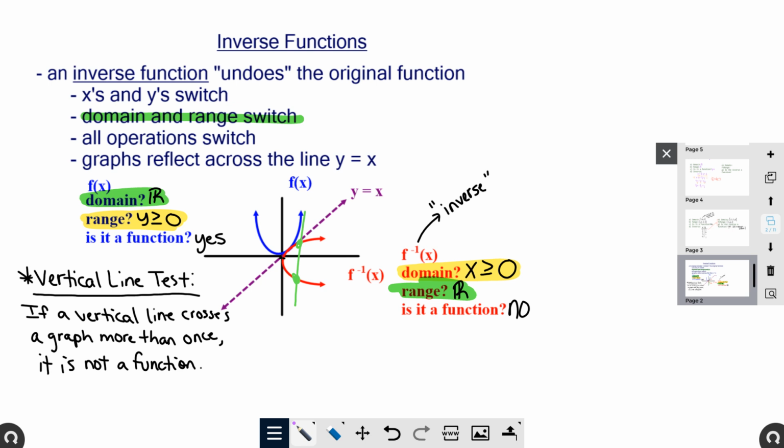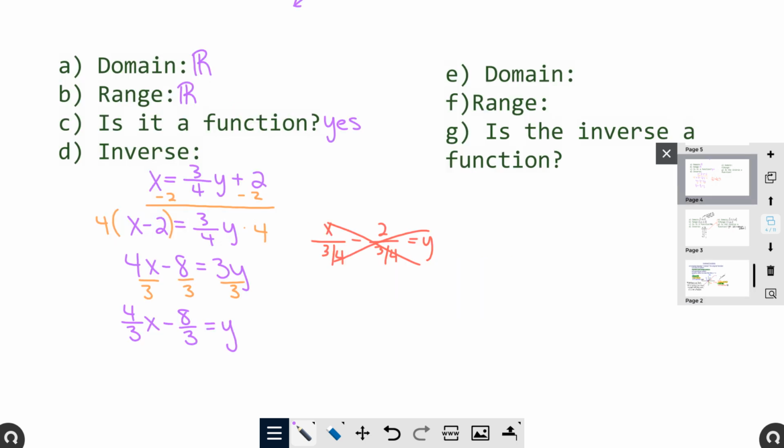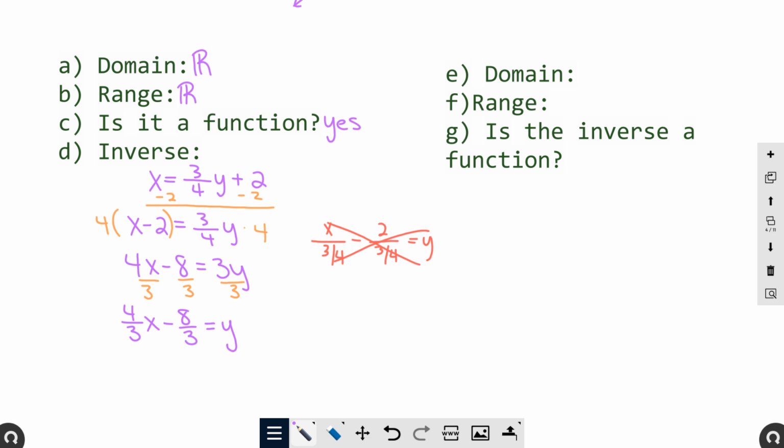Well, if you take a line and you reflect it, it's still a line, right? So we still have a linear equation here that we're dealing with. So that linear equation, we're going to figure out our domain and range. So what's the domain of any linear equation? And what's the range? Is it a function?